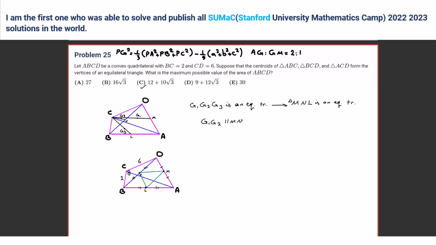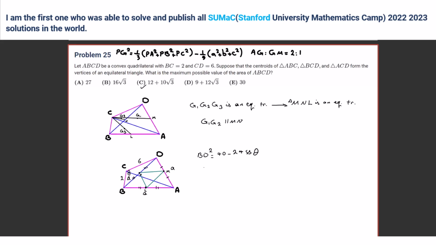First I know ABD is an equilateral triangle, and then I find length BD. This length is A, this length is A, this length is A. So BD squared I wrote as 4 plus 36 minus 2 times 2 times 6 cosine theta, which is 40 minus 24 cos theta.